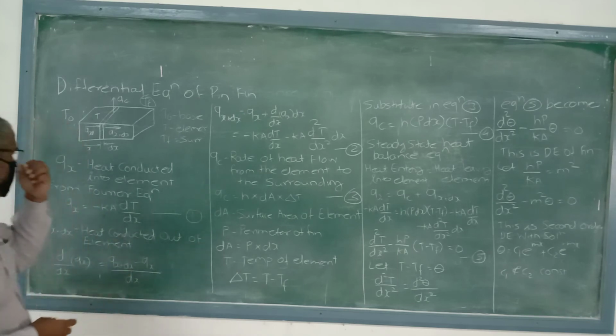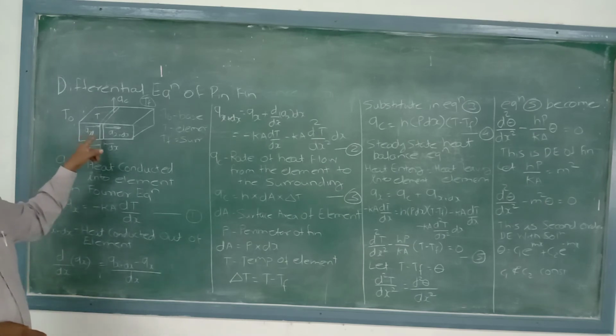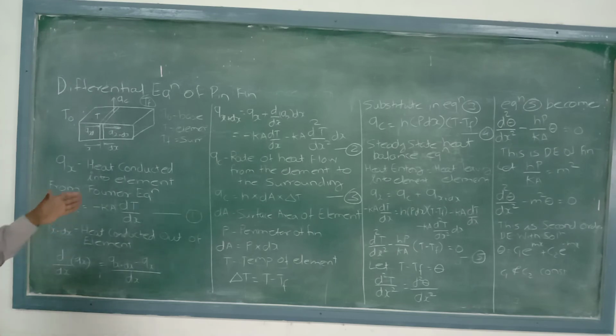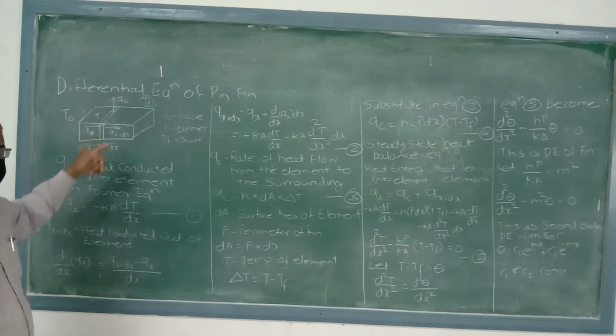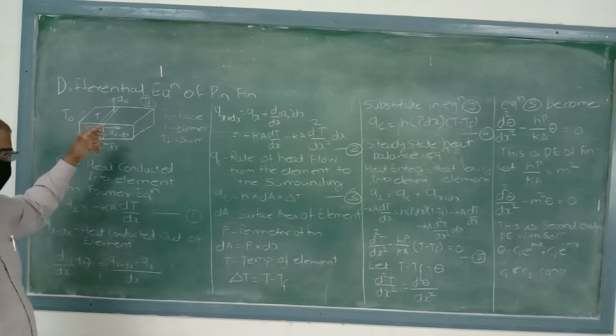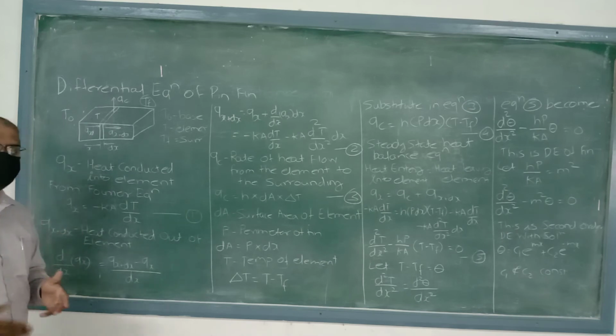Once again I am repeating: we have considered one fin area, and in this fin area we can calculate Qx. Qx is the amount of heat supplied, and this is utilized as Qc and Qx plus dx. So the amount of heat entering is Qx, and the amount of heat leaving is Qx plus dx and Qc. We find Qx by applying Fourier law.